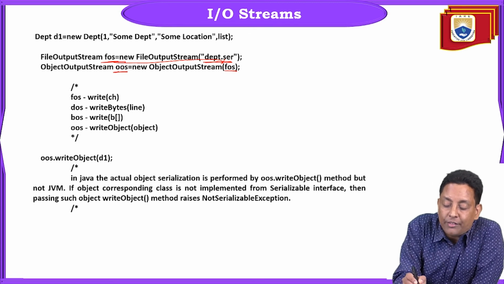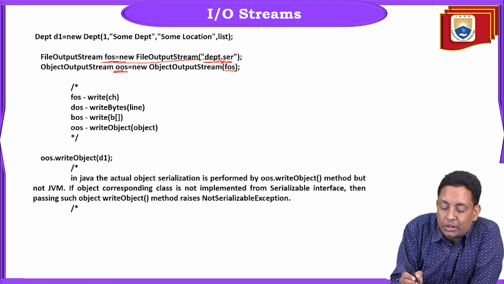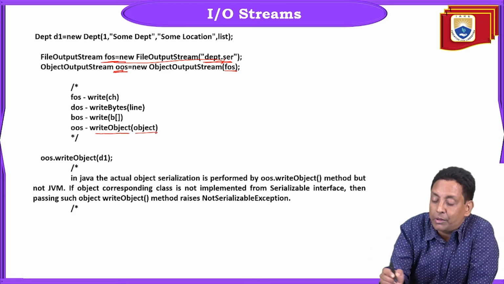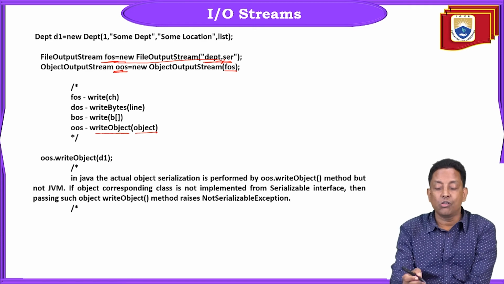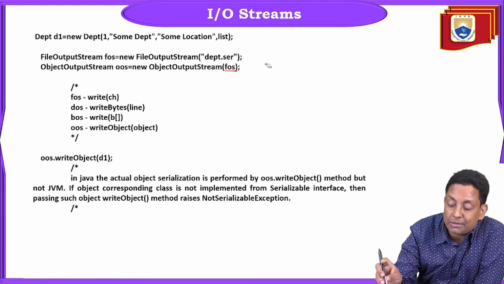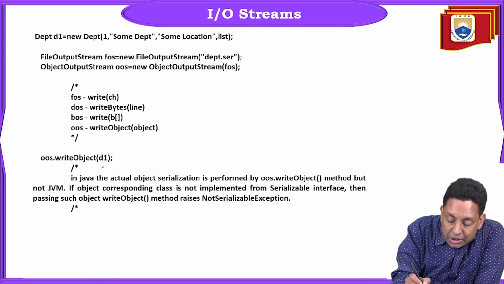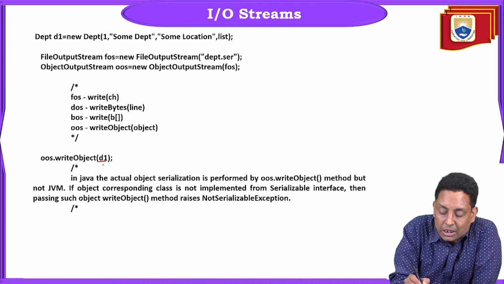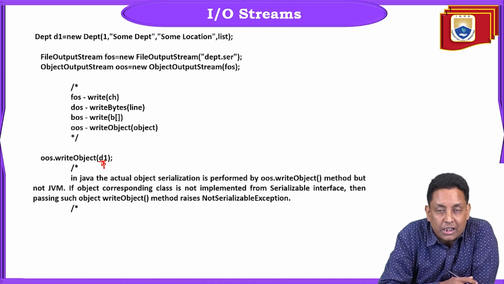So, what method is available in the ObjectOutputStream class? The ObjectOutputStream class has one method called writeObject. In that, if you give any object, that object will be written to the destination file: os.writeObject. But in this case, please make sure that the object given in the writeObject method, this object's corresponding class must implement Serializable.